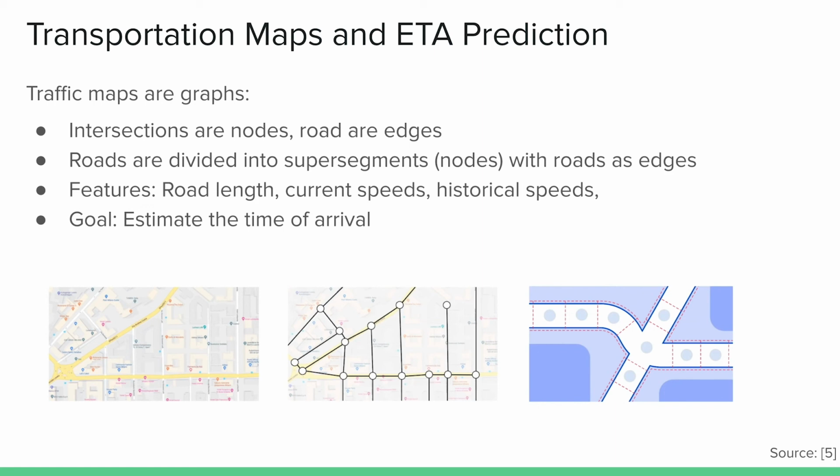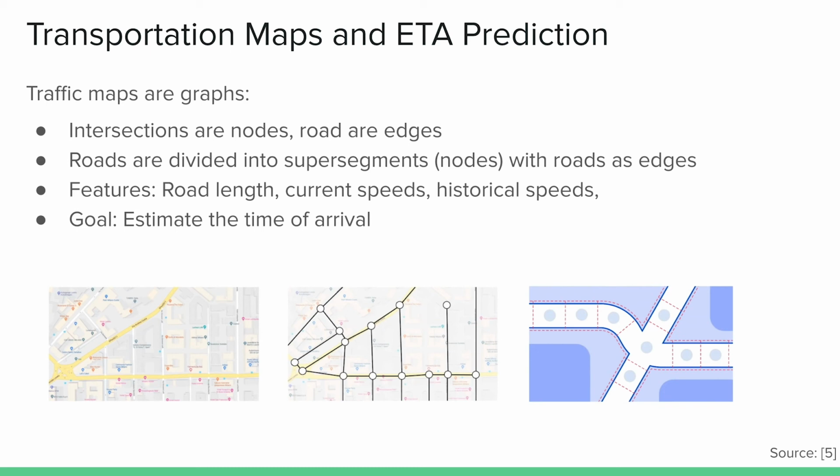This is one of the things where we have to put some brainpower into it. They cut the roads into super segments, so the roads are now the nodes, and these connected parts are the edges.